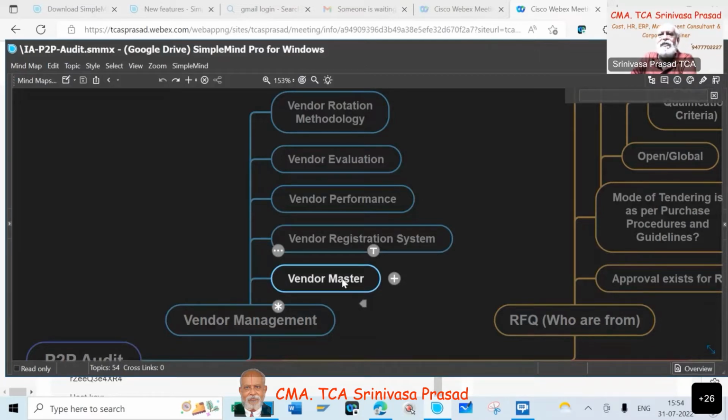Some vendors have got the habit of changing their bank account number for each and every invoice. Am I right? They will say, next invoice. They will not give the bank account number in the invoice because your vendor is registered, so they may change the bank account. As an auditor, we can also find out whether any vendor has the habit of changing his bank account number very frequently.